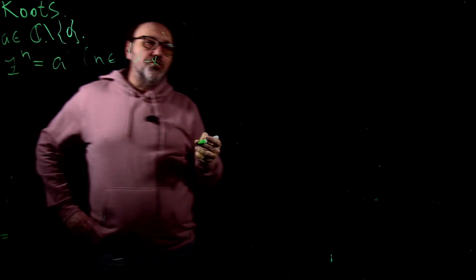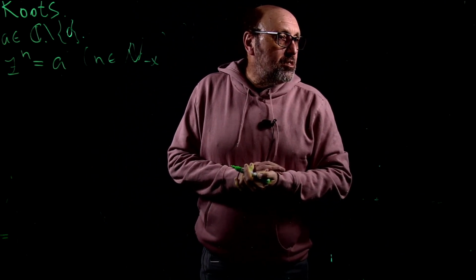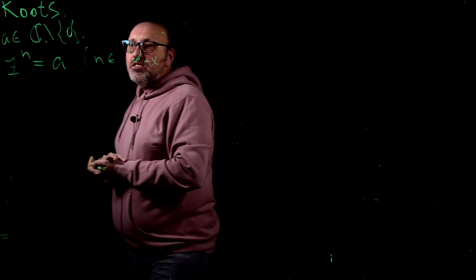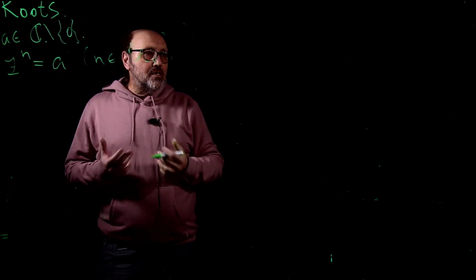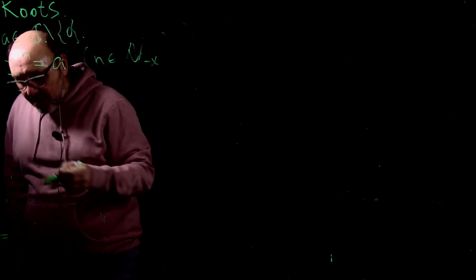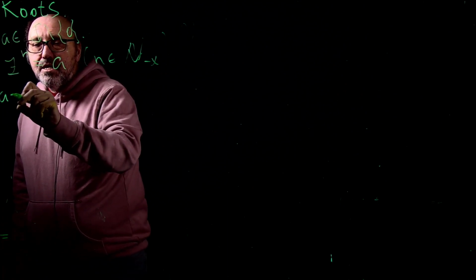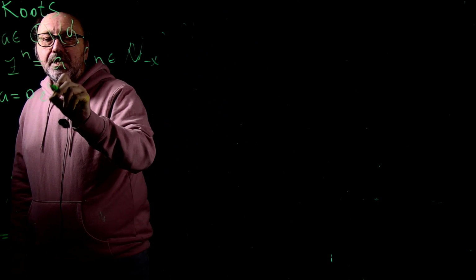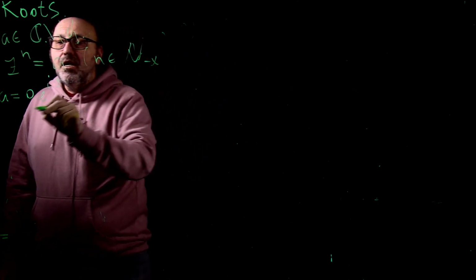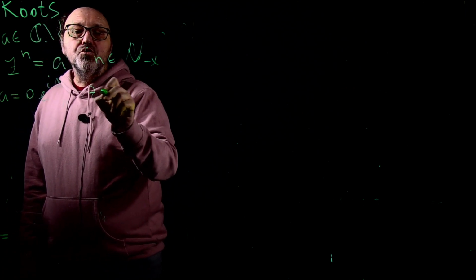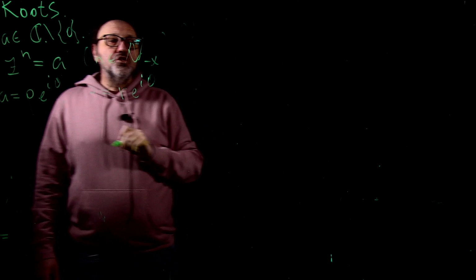If A is 0, then of course this equation admits the only solution z equal to 0. But when A is different from 0, this equation admits exactly n different solutions. In order to understand how to find them, let us represent A in its exponential form, rho times exponential of i theta, and let us look for the solutions of this equation in this form, r exponential i phi.